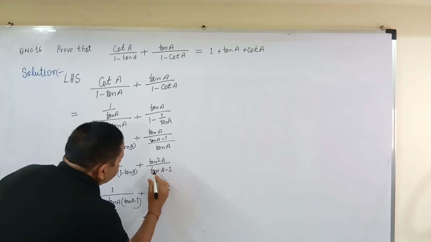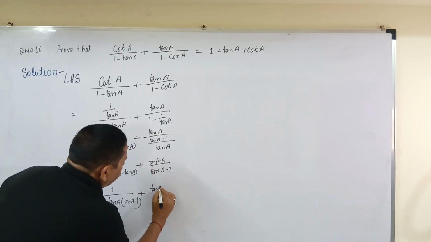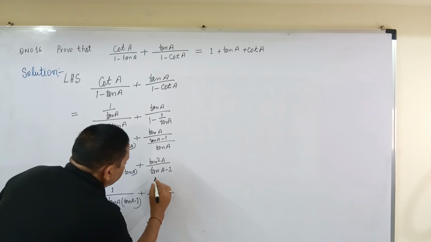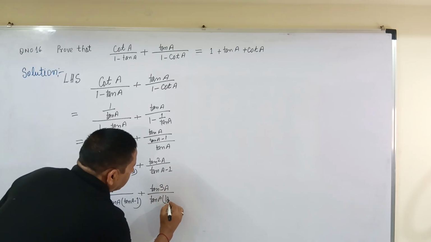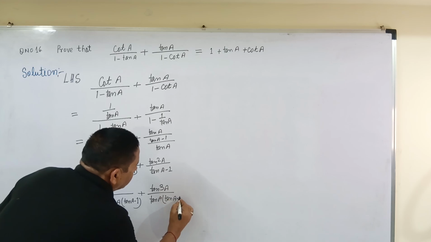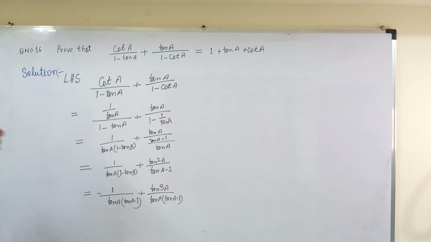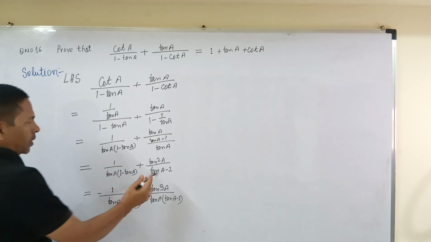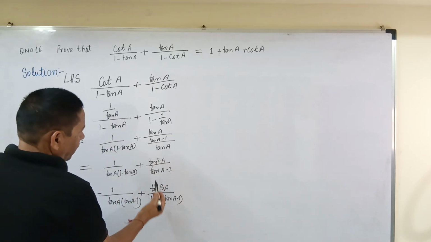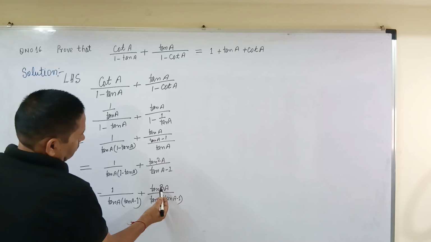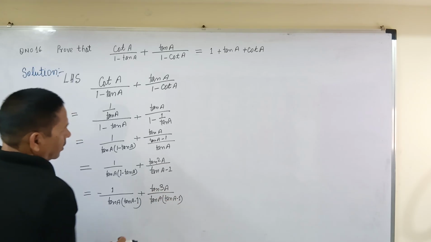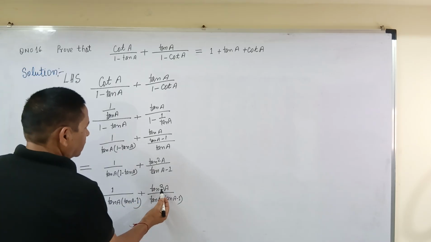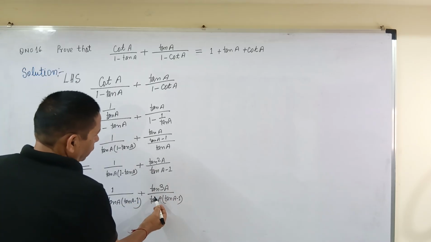Now here we can write tan cube A upon tan A minus 1. Now here at this point tan square A becomes tan cube A upon tan A by multiplying and dividing with tan A.